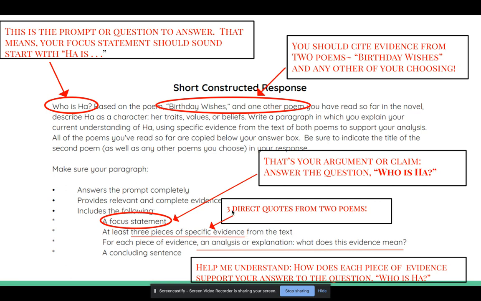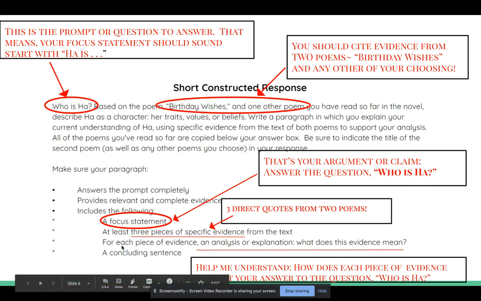That means to me that you should have 3 direct quotes from at least 2 different poems. So that could mean that you have 2 from one and 1 from another, or you could have 1 from each of 3 poems that you looked at, but it has to be 3 direct quotes from at least 2 different poems. One of the poems is chosen for you, it's Birthday Wishes, and the other poem you should choose yourself in order to make a good argument about who Ha is.